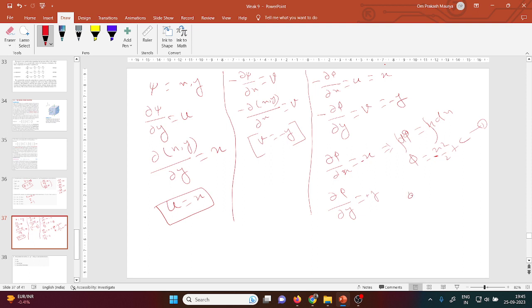In the second case, d phi, integration of y dy. So phi is equal to y square by 2 plus c. You have two equations of phi: minus x square by 2 plus c, and plus y square by 2. Let's say this one is c1, if you want to write, and this is c2.